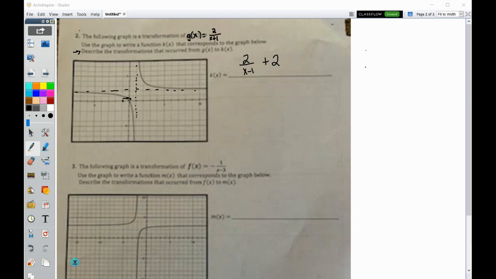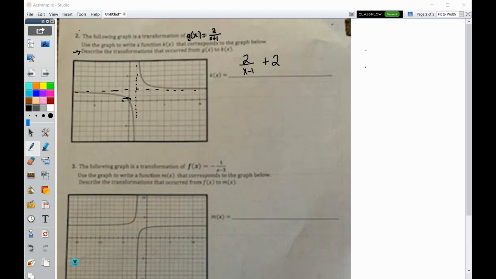So I've got 2 divided by, let me go back actually, I've got 2 divided by x minus 1. Close that up there. And then a +2. And then I'm going to hit graph.